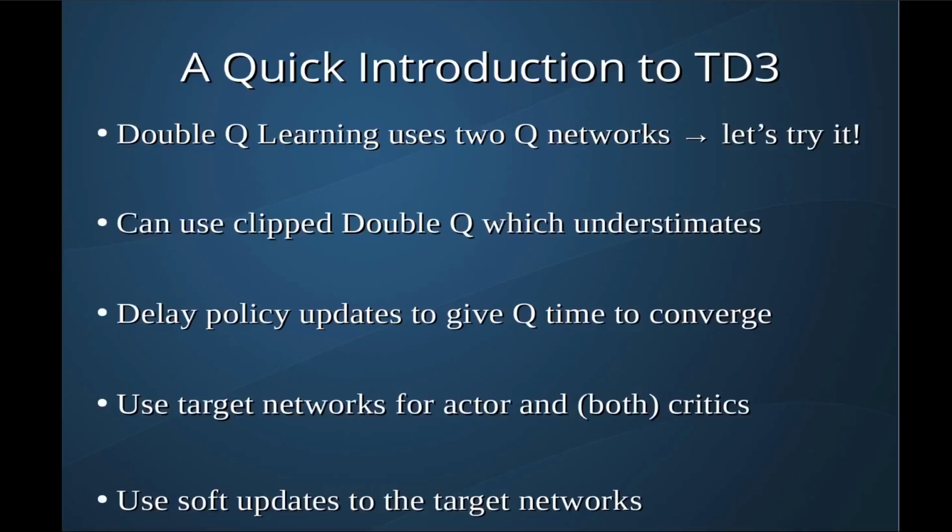Or a third option is to do some slowly varying interpolation between the two. So you're going to update the online networks every time step or every n time steps in the case of the policy, and then you're going to do some slowly changing update to those target networks, and that'll introduce an additional hyperparameter called tau to our agent, which you will see later.